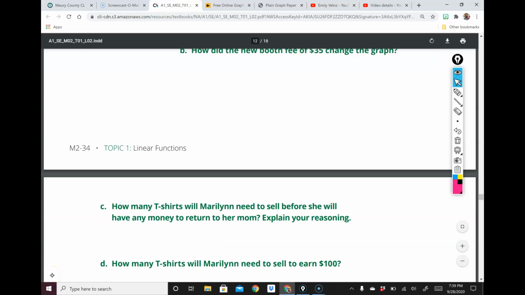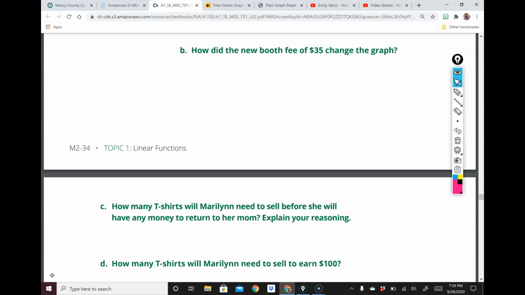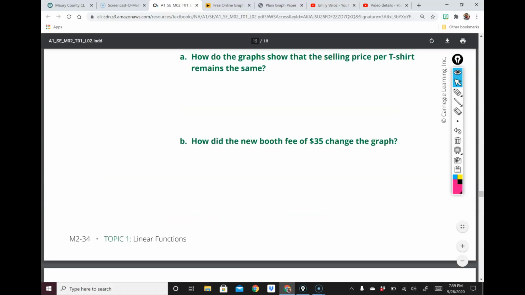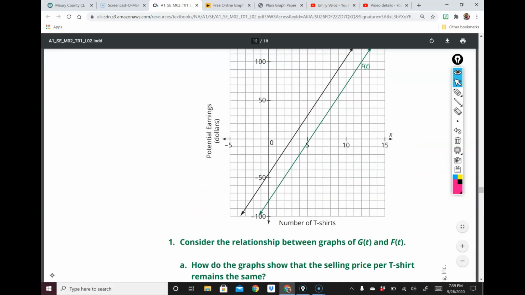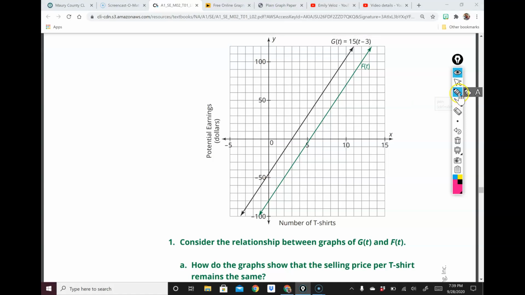Part C, how many t-shirts will Marilyn need to sell before she will have any money to return to her mom? All right, so let's look at the graph. Here we're going to look at the green line. Remember, she's starting out in the hole with $80. And x represents the number of t-shirts. So how many t-shirts?